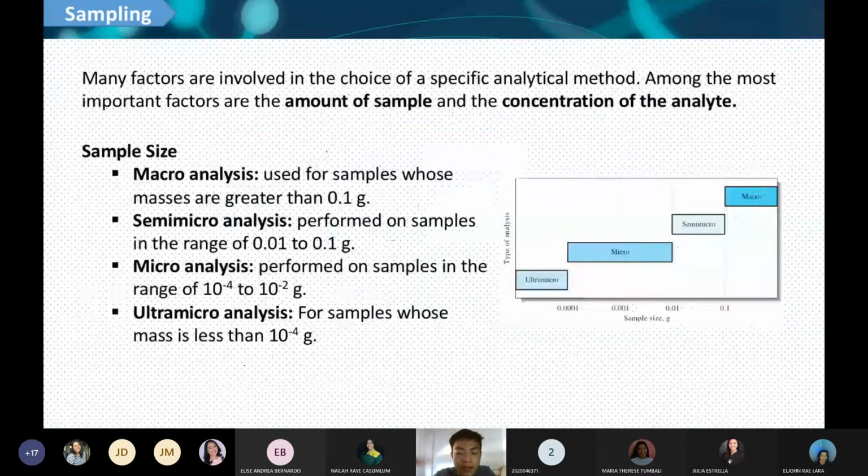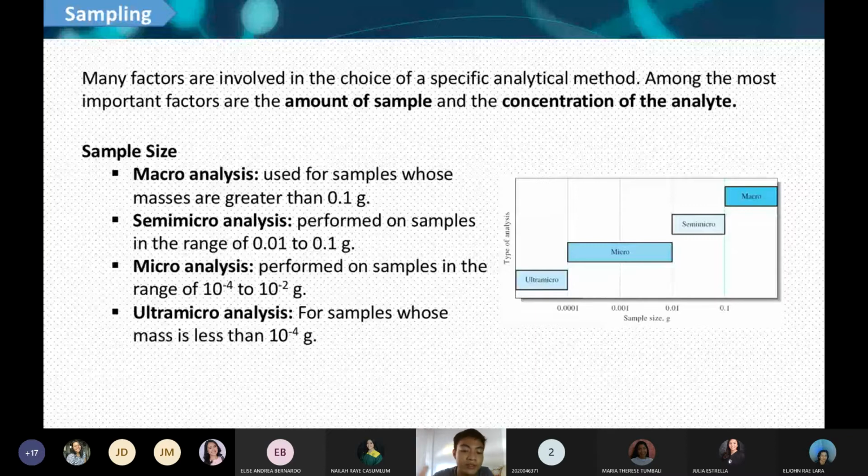Depending on the amount of your sample, you can do different types of analysis. You have macro, semi-micro, micro, and ultra micro analysis. Depende sa amount ng matter, there is a corresponding method for that. Meron siyang corresponding procedure. Hindi mo pwede gamitin yung procedure ng ultra micro sa macro. Hindi pwede yon. Mamamali yung result mo.